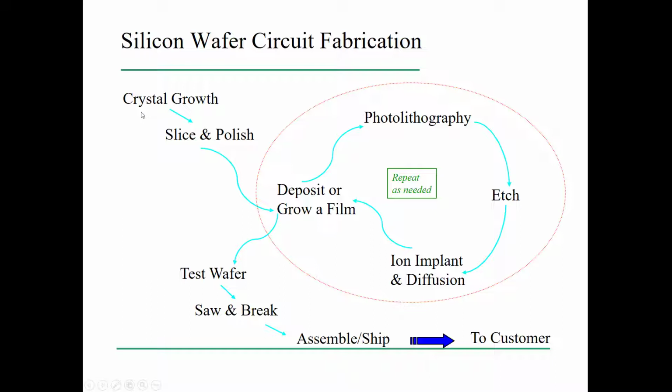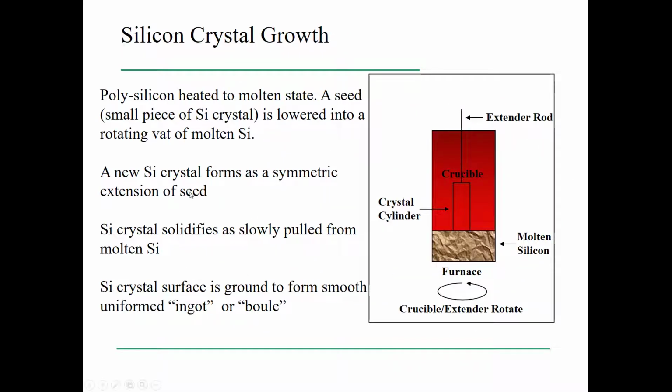We are going to look at crystal growth and the slice and polish, and then also these cyclical processes here during today's class. The rest of this, the testing, the sawing and breaking, and IC assembly, will be talked about in the next lecture.